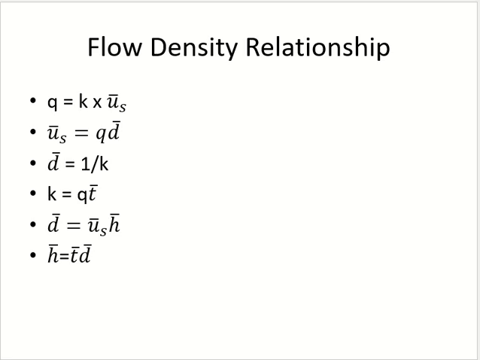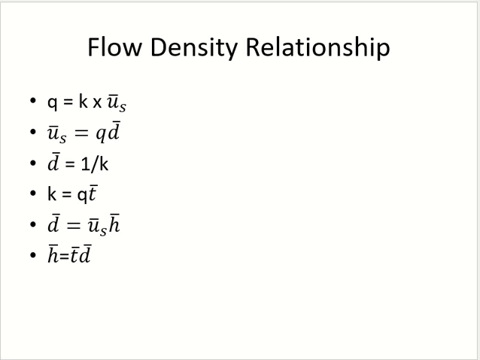Now mean headway of vehicles is the inverse of flow. Now what was flow? Tell me. Vehicles per hour, or vehicles per time. And headway is time between vehicles. So they are inverse. Correct?